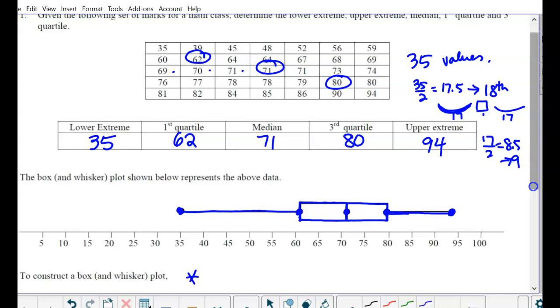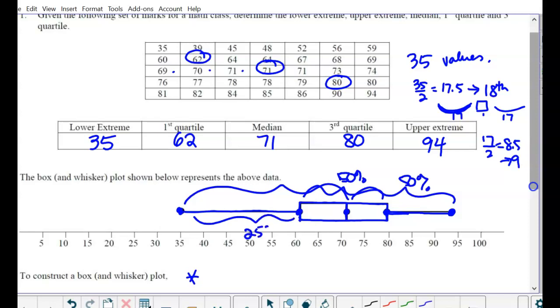And so what we're looking at here is a nice way of thinking about the percent of data values. This represents 50% of the data, the middle 50%. This represents 50% of the data, and so does this. This represents 25%. So basically between every dot is 25% of the data.